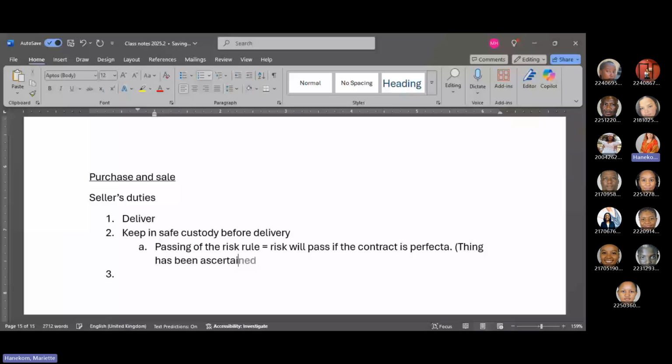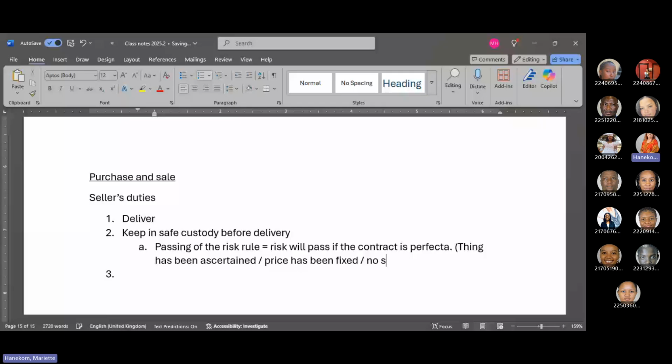Price has been fixed. And there are no suspensive conditions. And I trust you know what a suspensive condition is. Not going to explain that to you now.